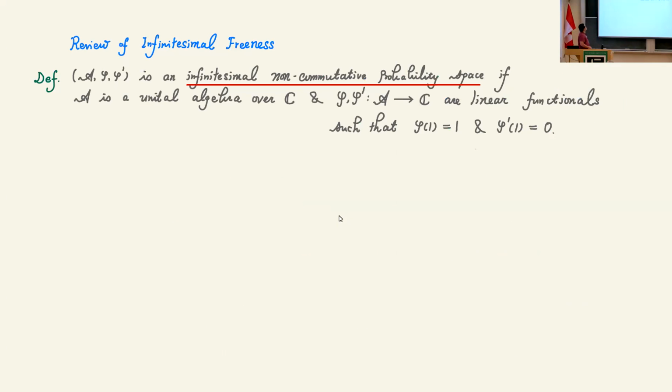First, let's quickly review what infinitesimal freeness is. We have a non-commutative probability space, and we consider one more state, or sorry, I shouldn't say state. The derived functional, phi prime, is a linear functional also from A to C, but it sends 1 to 0. That's a very simple algebraic definition.